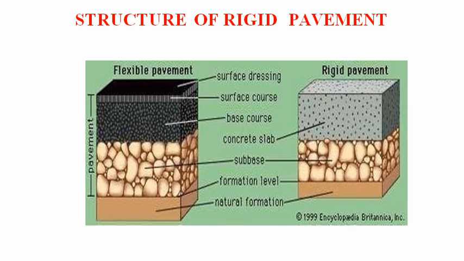Now next, if you see the structure of the rigid pavement as compared to the flexible pavement, the rigid pavement comes with the natural formation at the bottom, then the subbase layer, and the topmost layer, the concrete slab, with the desired thickness depending upon the total amount of load to be transmitted from the concrete slab or top surface to the subbase course.